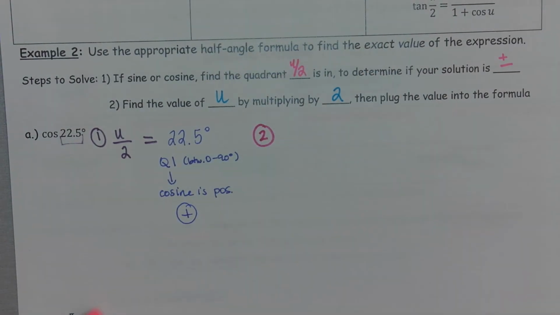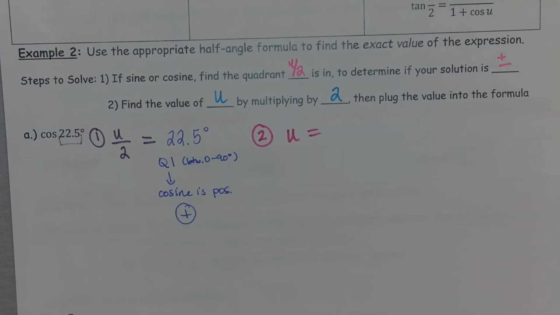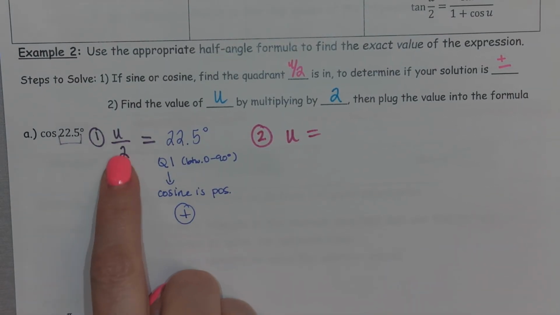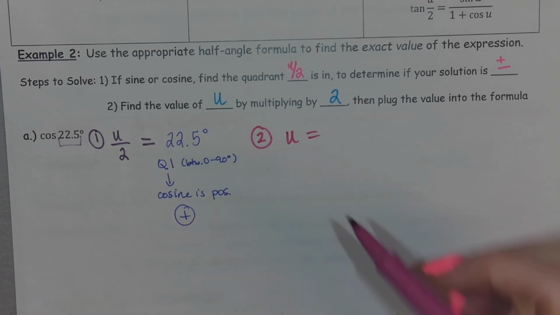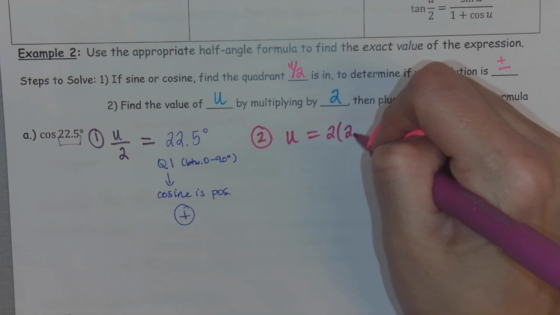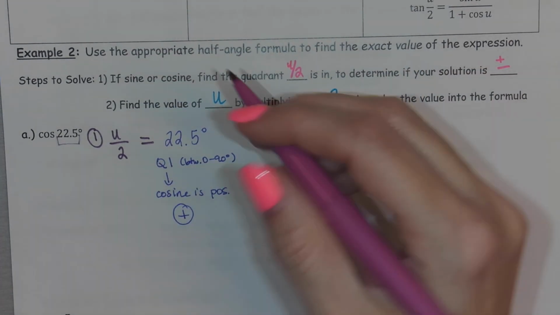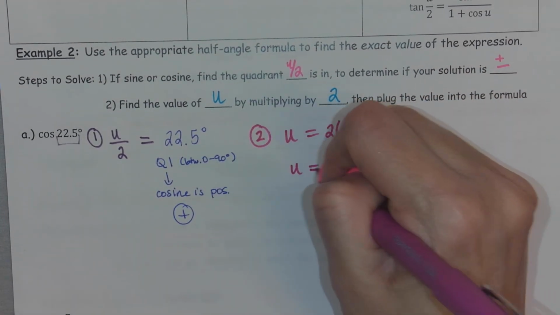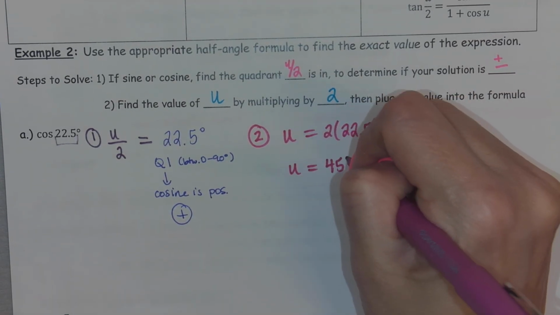In step 2, you are going to find the angle. Now, really what you're doing here is you are solving. See how this is u divided by 2? So if you want to find u, you just have to multiply both sides by 2. So you do 2 times 22.5. What is 2 times 22.5? 45 degrees.